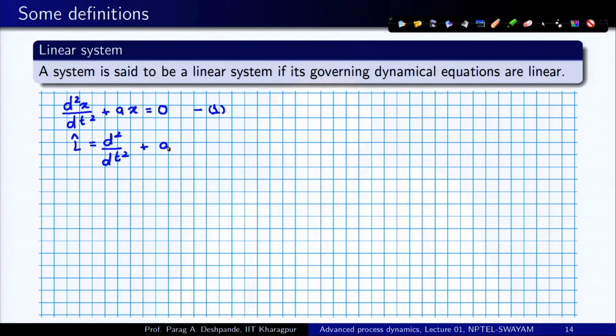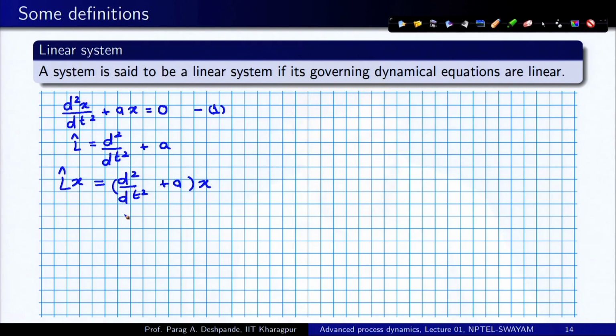L is an operator, which means that I will have a quantity over which L would be operating. So, L operating on x means what? d 2 by d t squared plus a operating on x. And what is the meaning of operating on x?